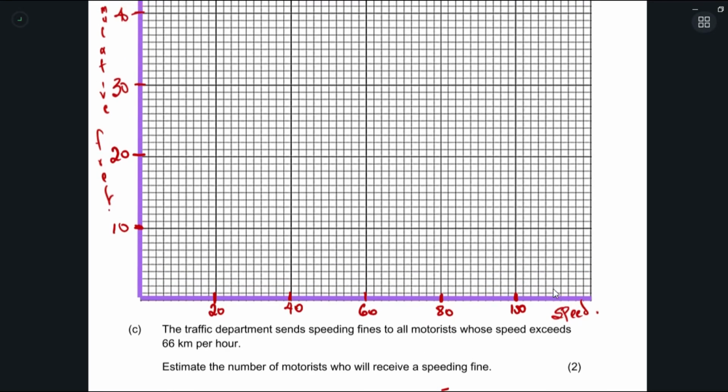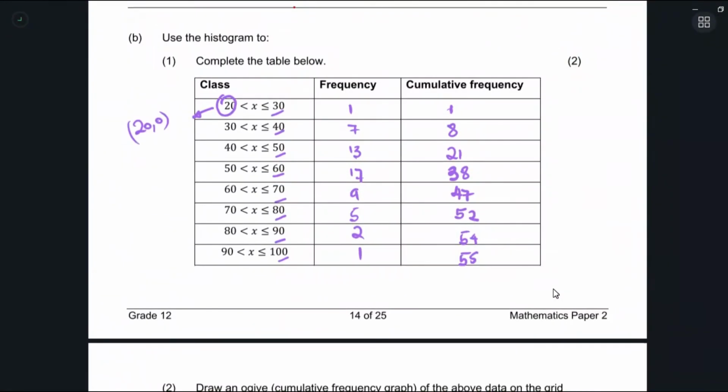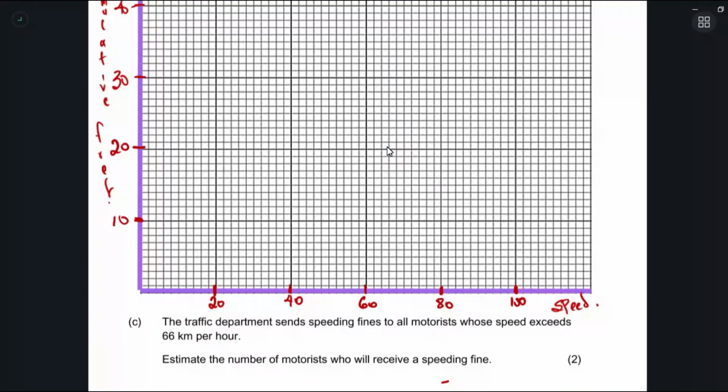As we said, we're going to take each and every one of the upper ends of our class with our cumulative frequency, meaning 30 and 1, 40 and 8.